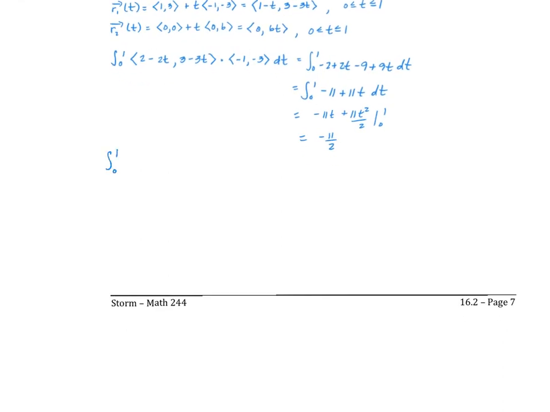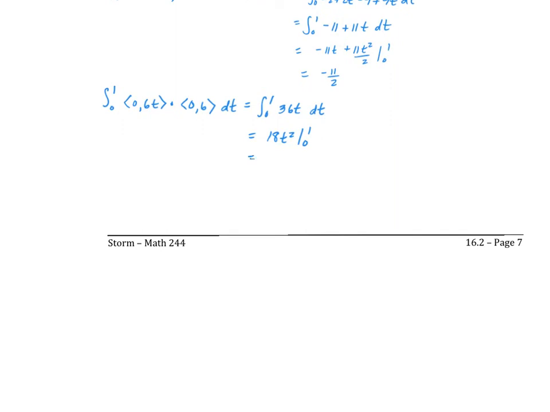The second curve is going to be 0, comma 6t dotted with 0, comma 6 dt, integral from 0 to 1 of 36t dt. And that would be simply 36t squared over 2, which would be 18t squared from 0 to 1, and I get 18.